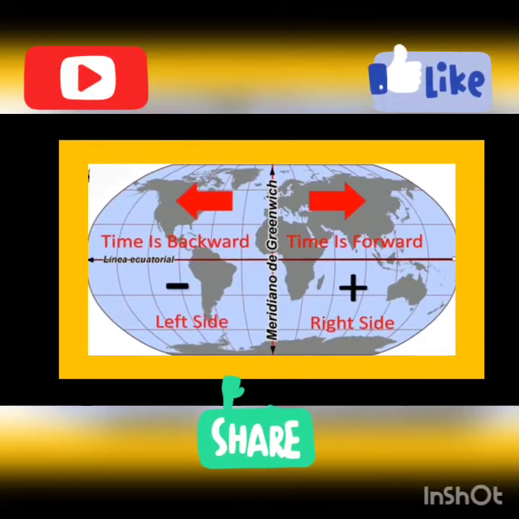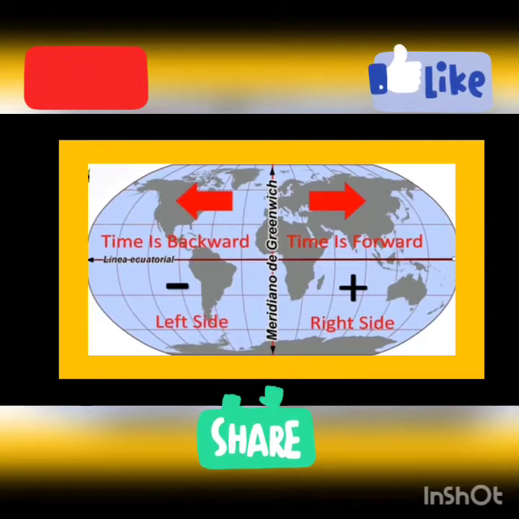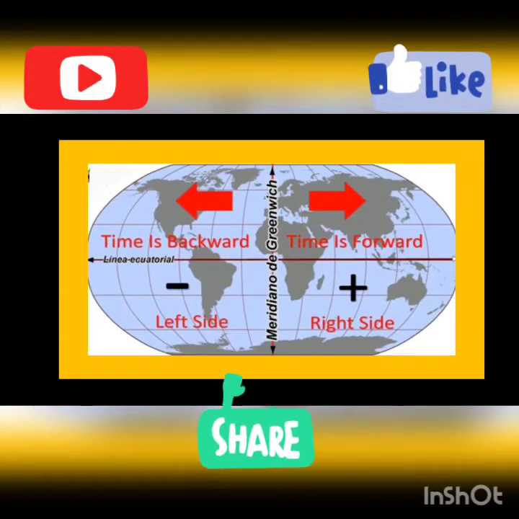As we take this Greenwich meridian as a standard, we take it as an origin that separates the positive and negative sides of the x-axis. As we go towards the positive right side of the x-axis, all the numbers will be positive. And as we go to the negative side of the x-axis, all the numbers will be negative.